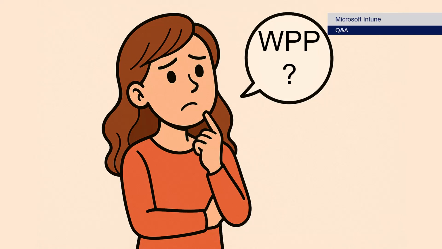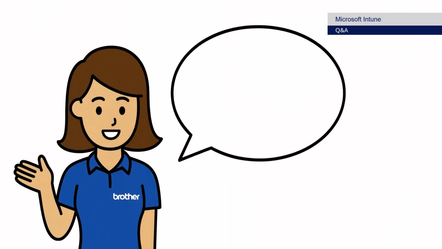What can we say to them when they ask us, "Can I still deploy printer drivers after Windows Protected Print Mode, WPP, has been turned on?" We can say to them, yes. However, they will use something called a generic Windows Internet Printing Protocol driver, more commonly known as an IPP driver.